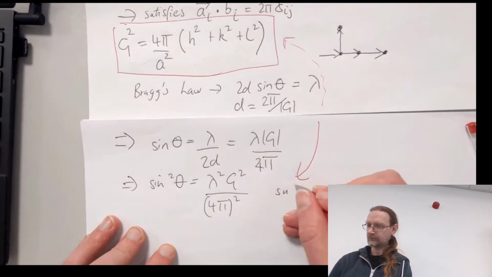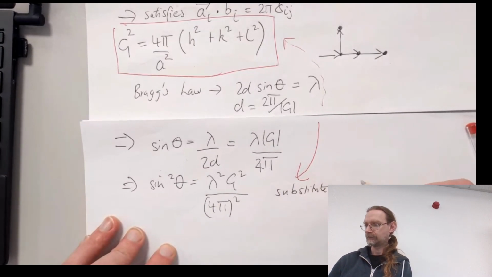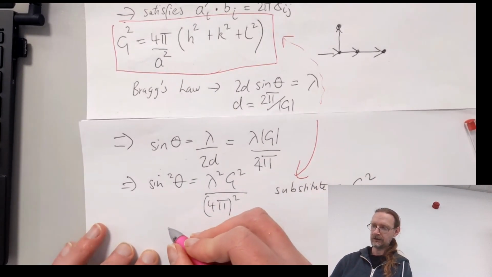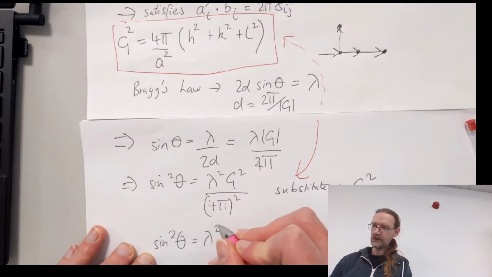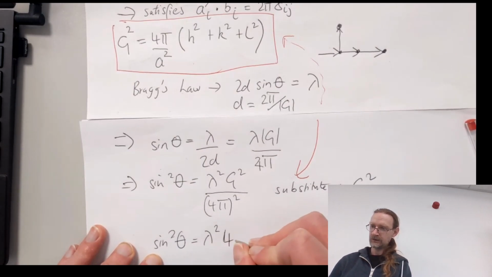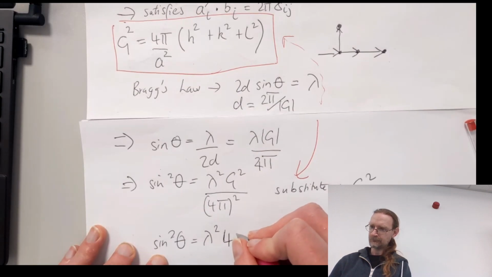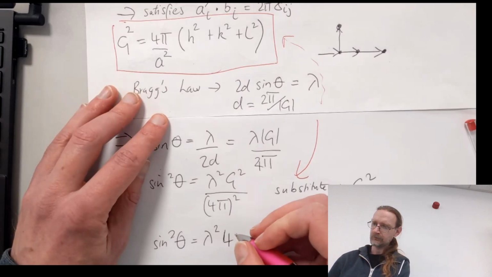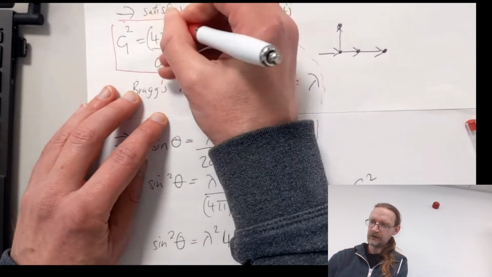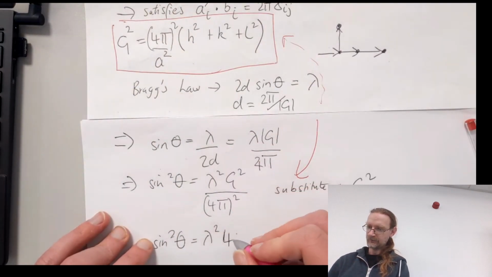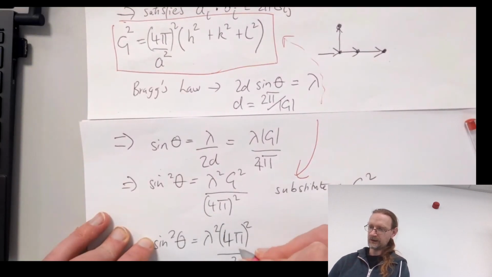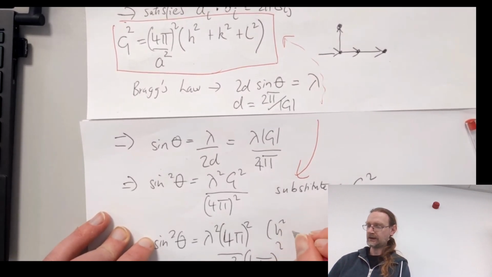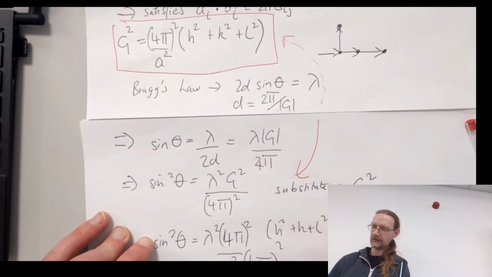So substituting, I get that sine squared theta is lambda squared over 4 pi squared, times 4 pi squared over a squared, times h squared plus k squared plus l squared.